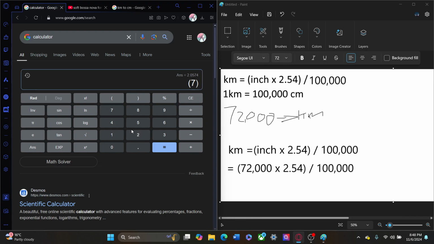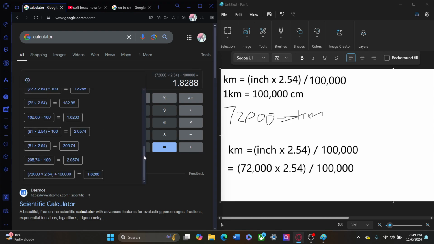Bracket 72,000 times 2.54, close. Divide that by 100,000. There's our answer, right?